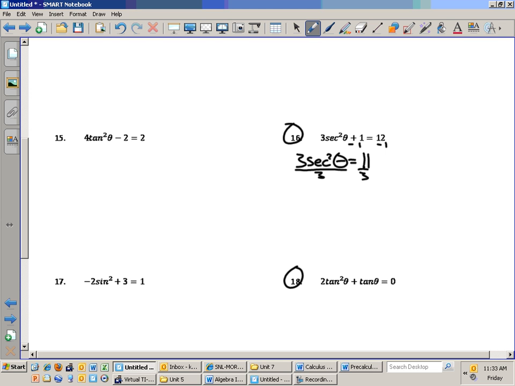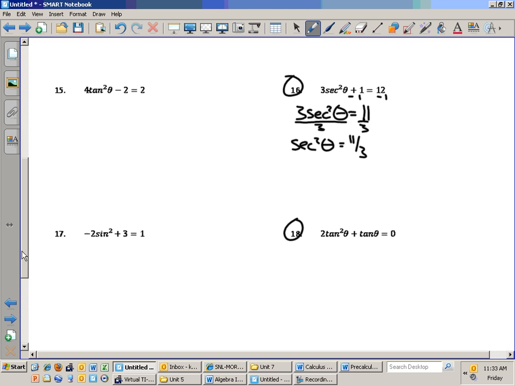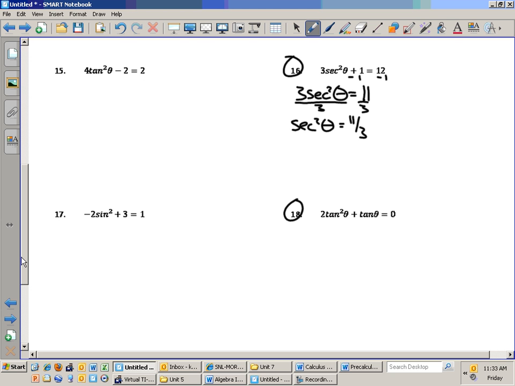So secant squared theta is equal to 11/3. All I did was subtract the 1, divide by the 3. What should I do now? Switch it to cosine. So cosine squared theta is equal to 3 over 11.